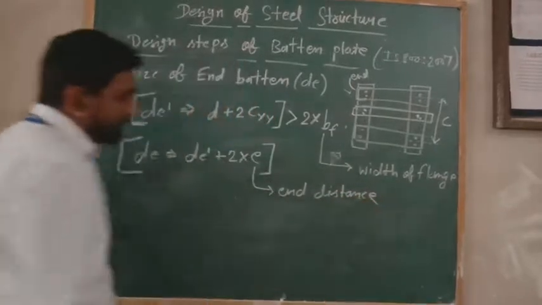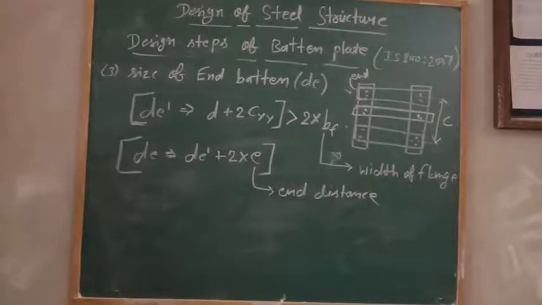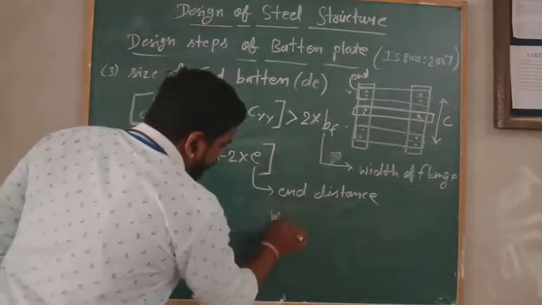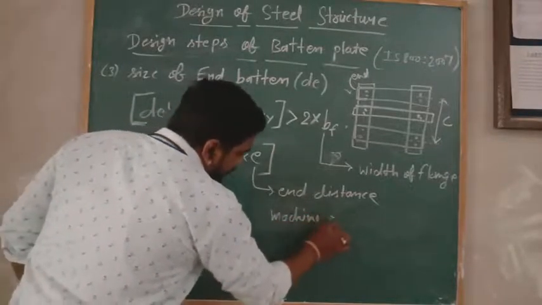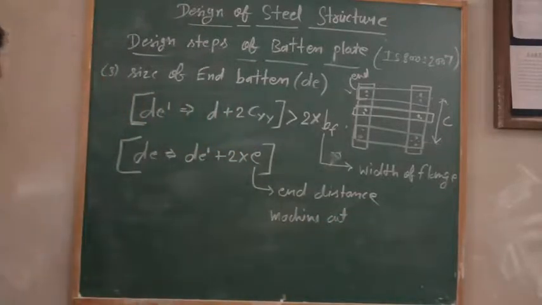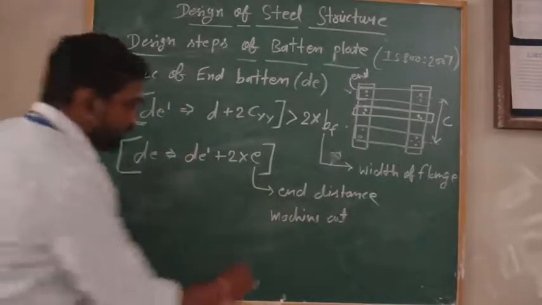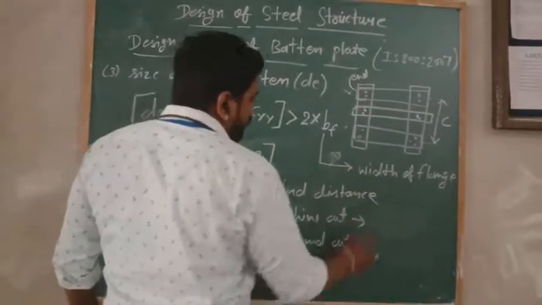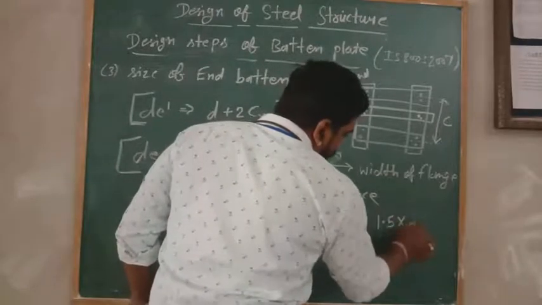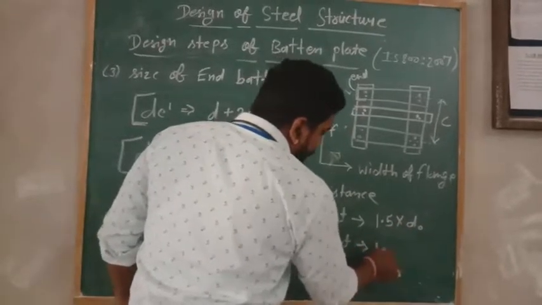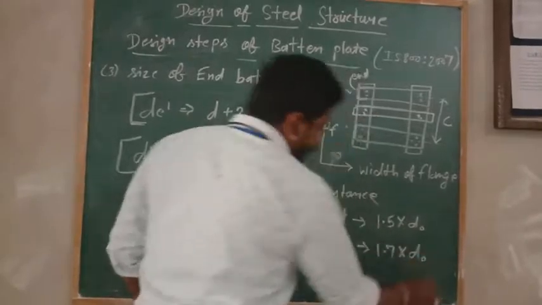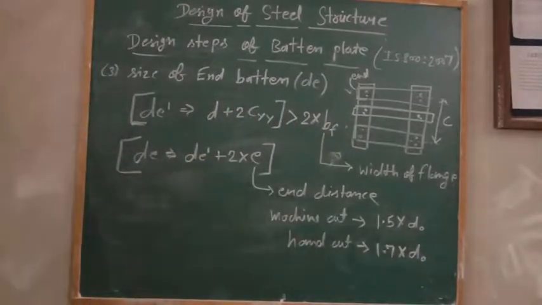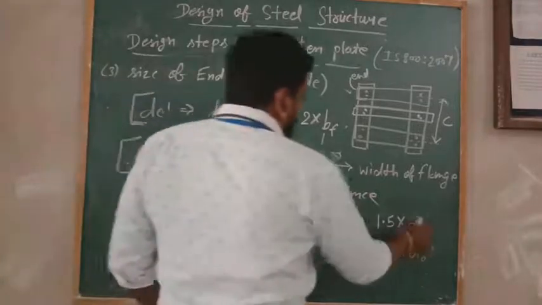End distance has two types: machine cut and hand cut. For machine cut, we will take 1.5 into D naught, and for hand cut, we will take 1.7 into D naught, where D naught represents the diameter of bolt hole.